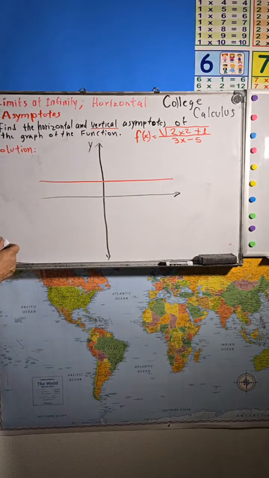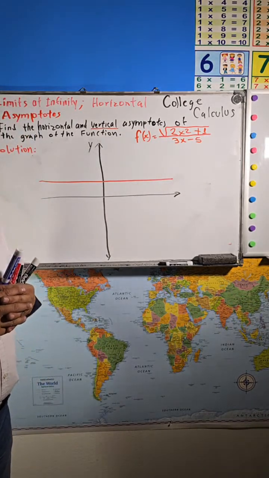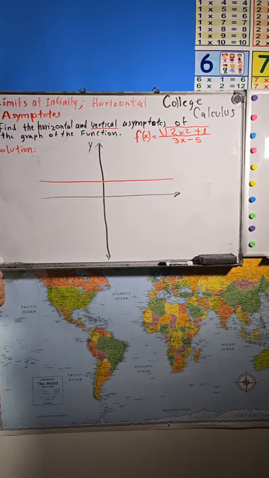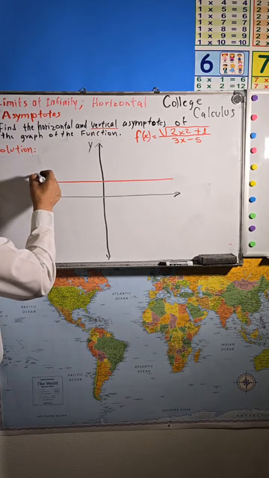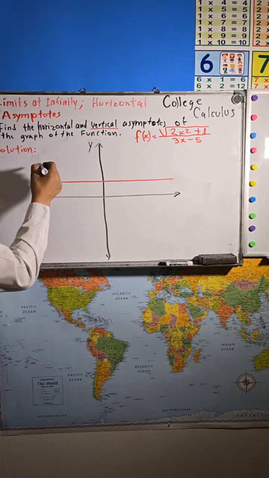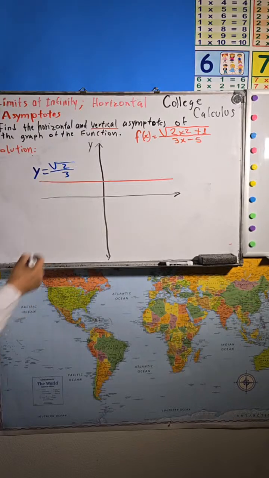This one, remember, was positive: y equals square root of 2 divided by 3.